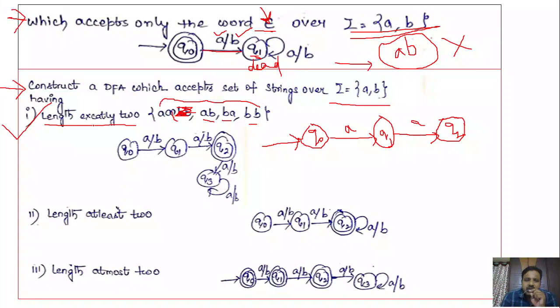In the problem, the DFA must accept the set of strings having length 2. So q2 is the state representing a string of length 2. So make the q2 state the final state. Okay. So with this, it is accepting aa, right? And the same is the case if you have a string starting with b, right?